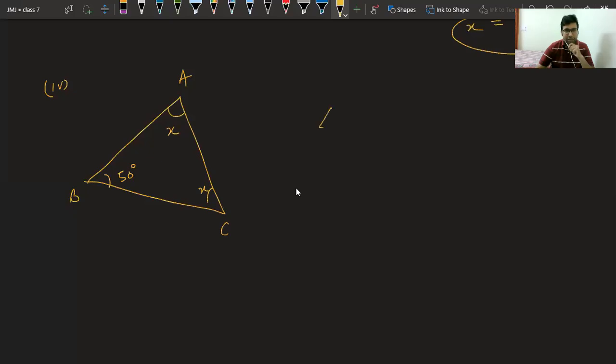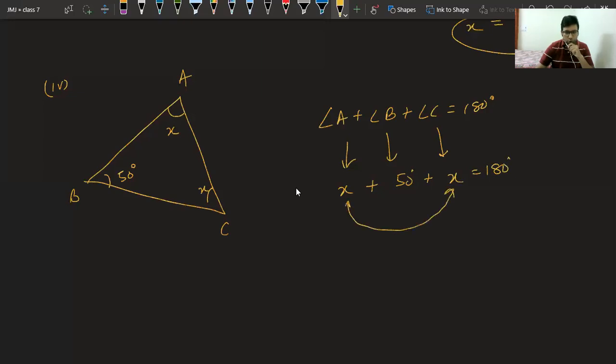We can say angle A plus angle B plus angle C equals 180 degree. Value of angle A is x, value of angle B is 50 degree, value of angle C is x. Class, this x plus x equals how much? Yes, we can add because they are like terms.